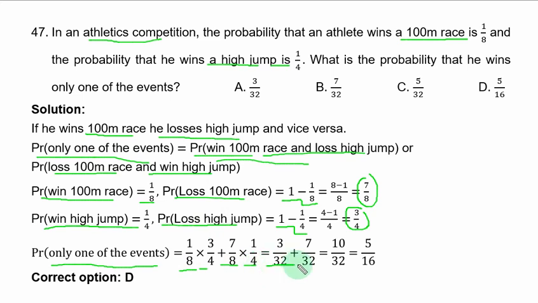That simplifies to this. First, you multiply. After addition of the like fractions, you have 10 over 32, which simplifies to 5 over 16. D is the correct option.